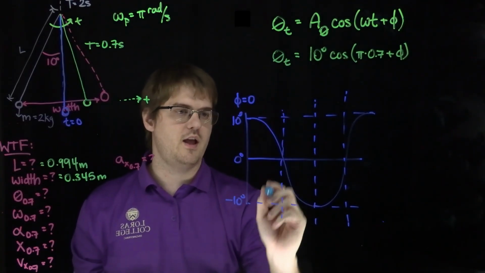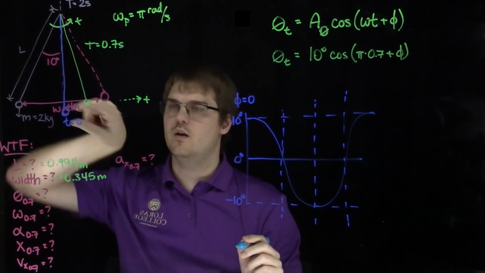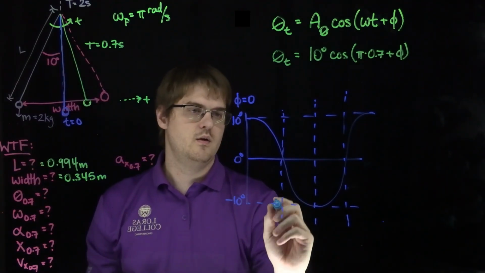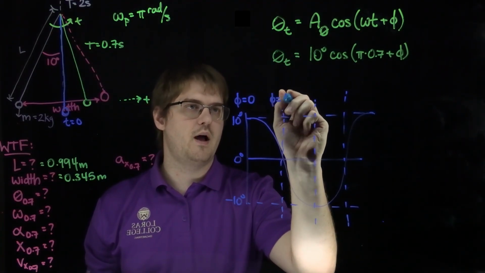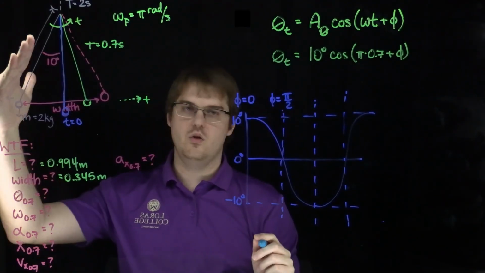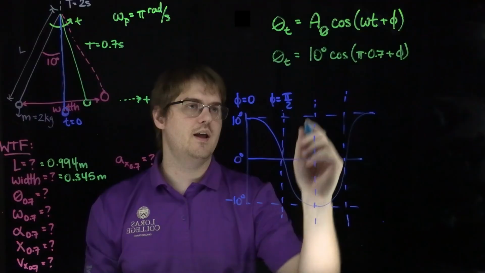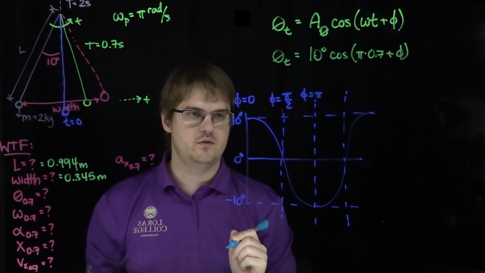If we are starting at a position in the center and we are going to the left, we are at a phi equal to pi over 2 radians. If we are all the way to the left, all the way in our negative direction, we're starting at a phi equals pi radians.